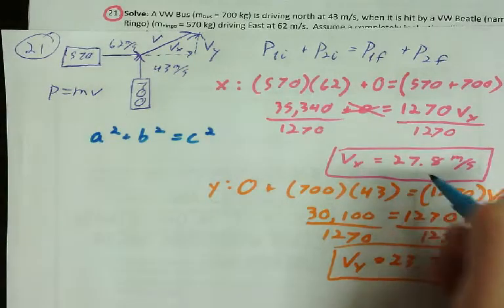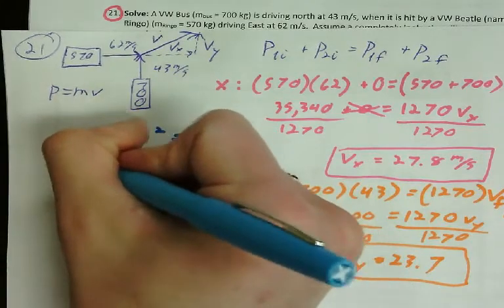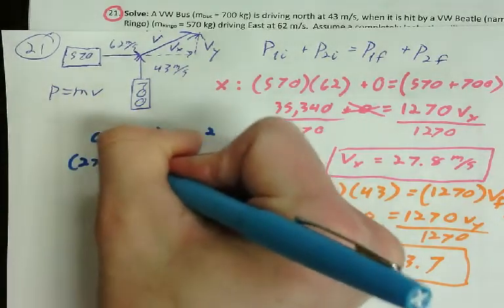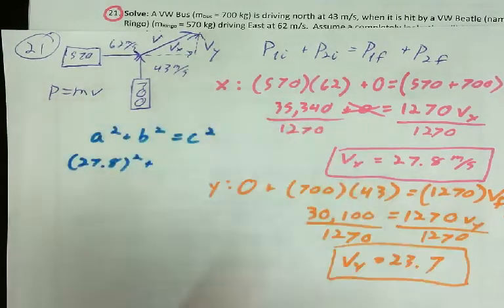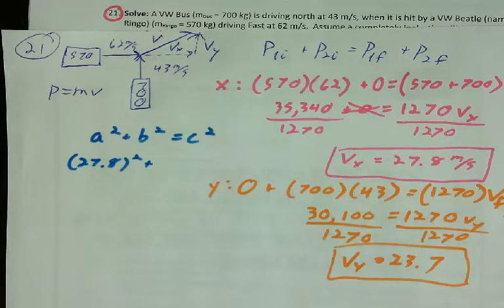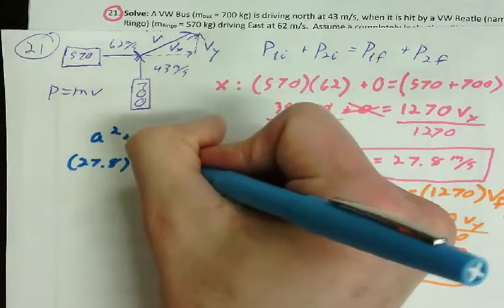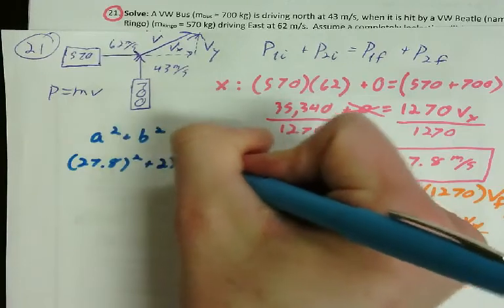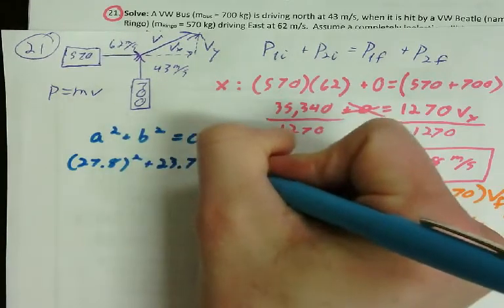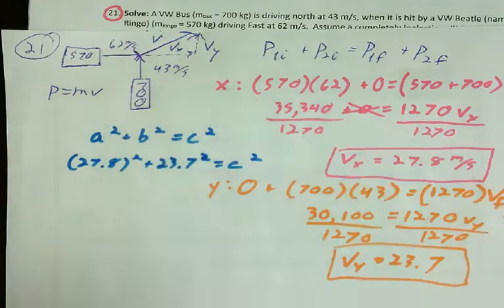So a is my x value, 27.8 squared, plus b, which is my y value, which is 23.7 squared, equals c squared.